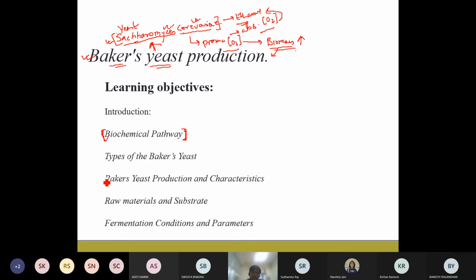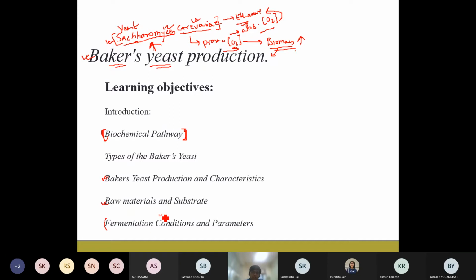Then there are several production strategies, like the optimum substrate concentrations, the growth media components, the raw materials that need to be added, and the fermentation conditions like pH, temperature, and, as we have told you, the presence of oxygen.